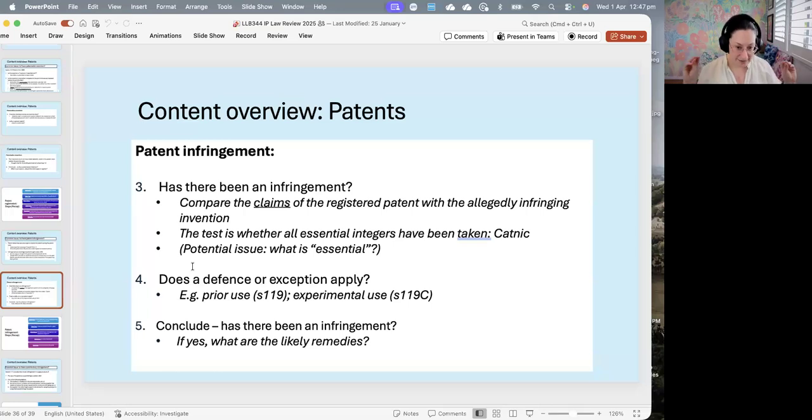The relevant case here is Catnic. It talks about whether the infringing invention takes what is the pith and marrow of the invention, which is basically, has it exploited it or copied it in substance, right? Even if these things are not all done exactly as I set out, in substance, has it taken all the important parts of my invention? If it has, that is infringement.